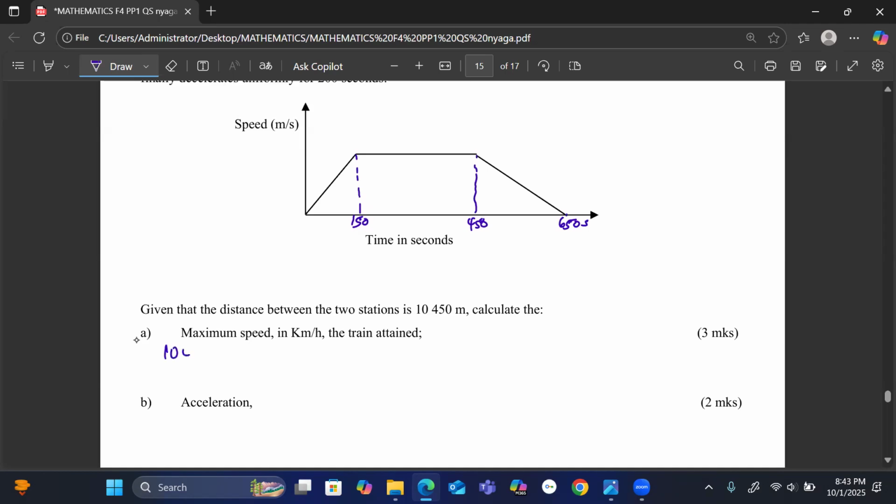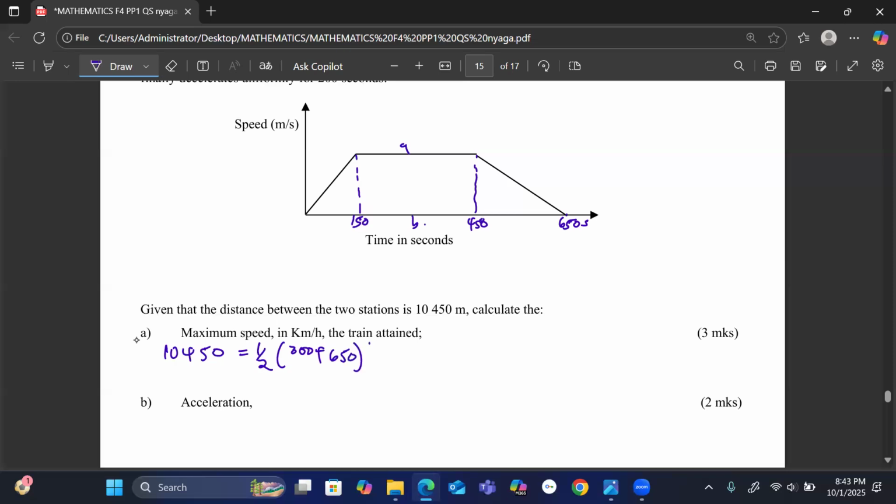So that we have 10,450 is the same as half times, that is, 300 now. This is A and B: A is 300 plus B is 650.